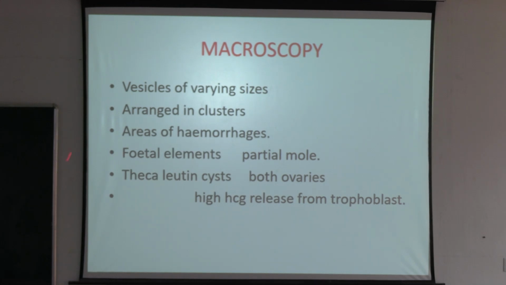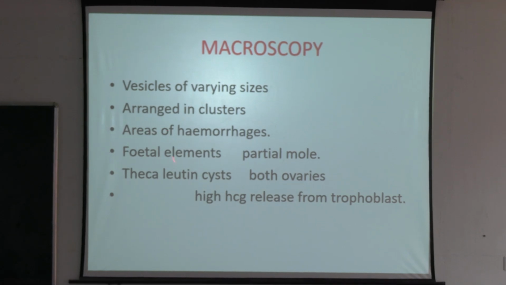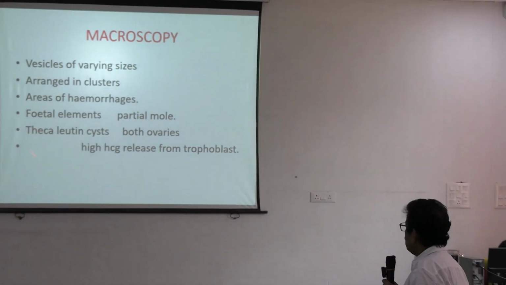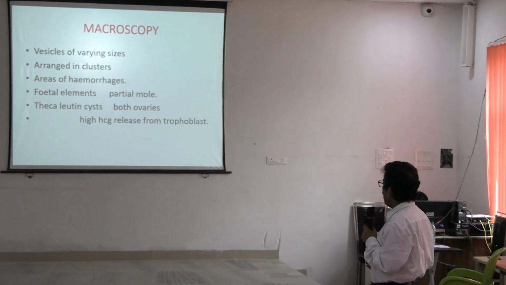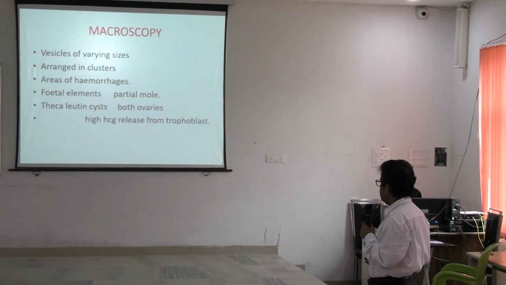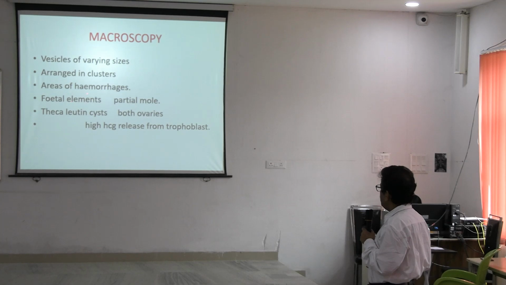If there is no fetal element, no amnion, no placenta, no fetal tissue, that will be called complete mole. It's not written here, but that will be called complete mole.